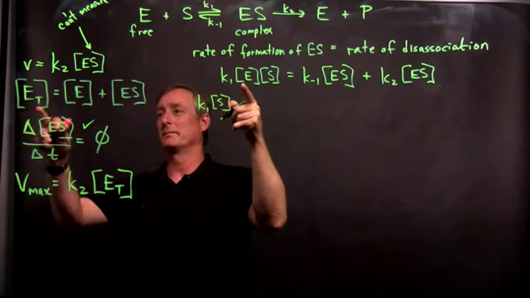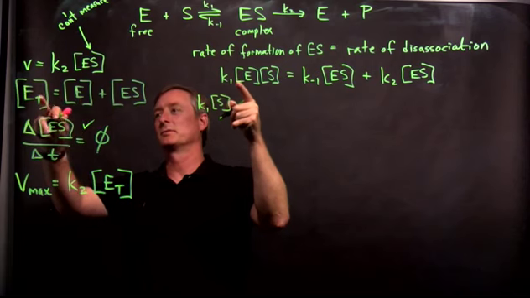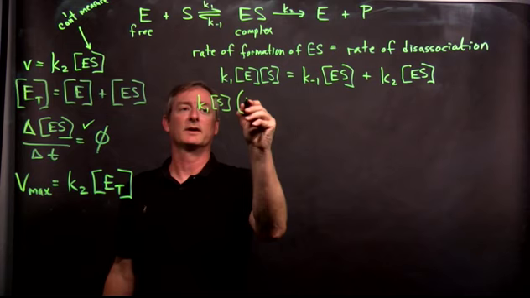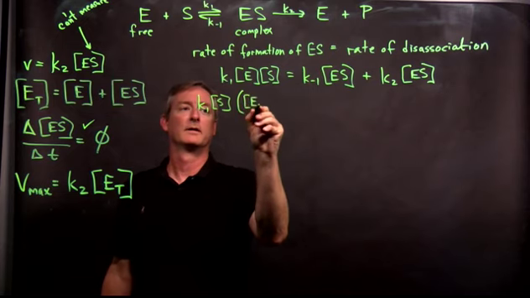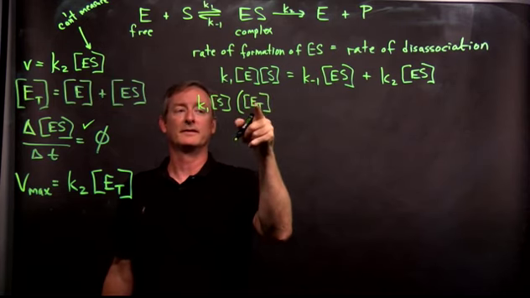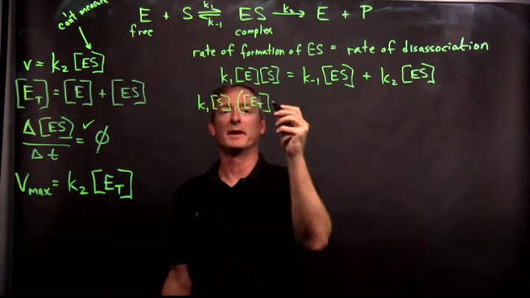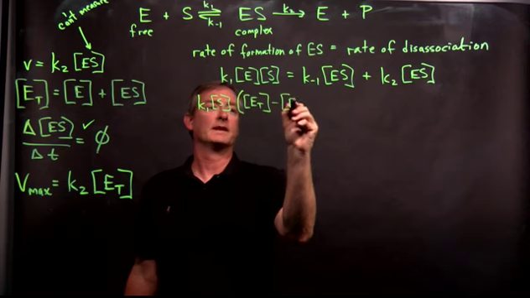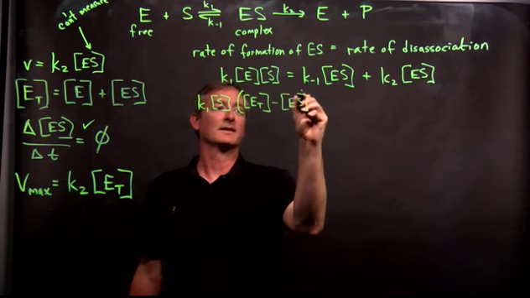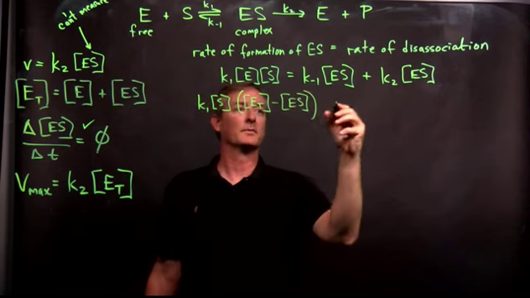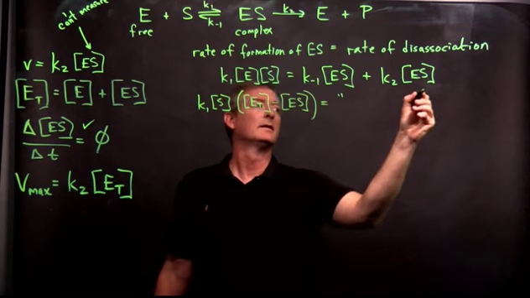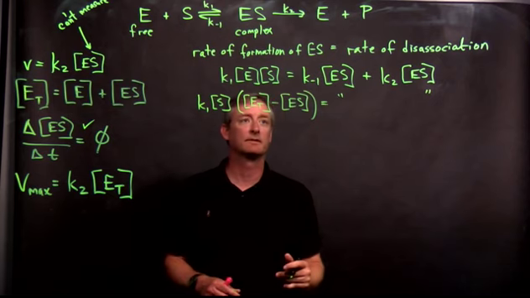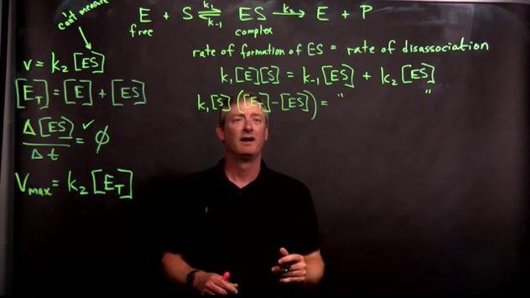Instead of free enzyme, let's say that free enzyme is equal to the total enzyme minus enzyme-substrate complex. I like total enzyme because I know how much total enzyme I'm adding to my reaction, and I can tolerate the enzyme-substrate complex as long as I can eventually get it together with the other side of the equation. Okay, let's look at that for a minute.